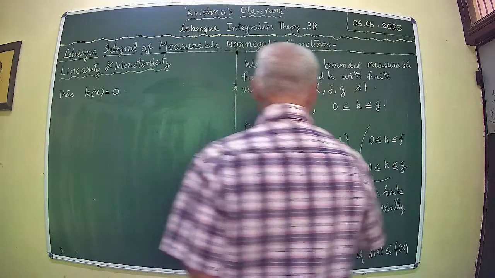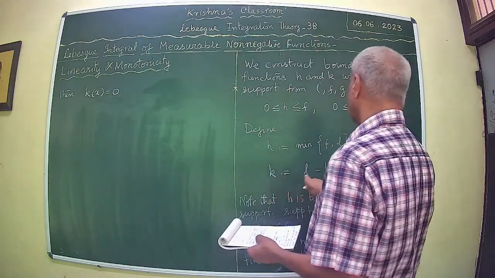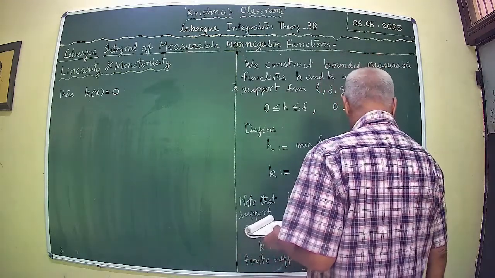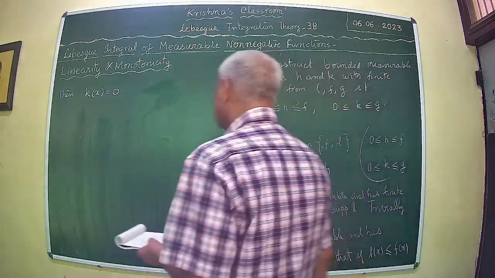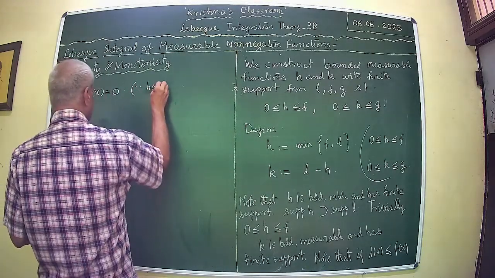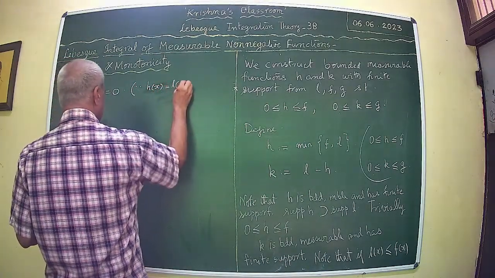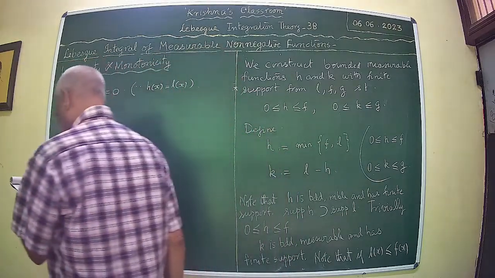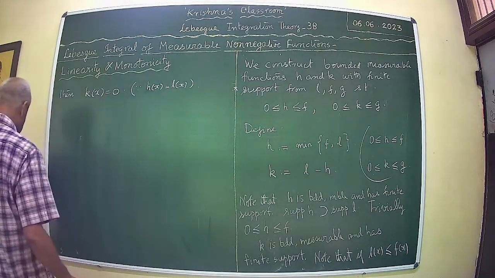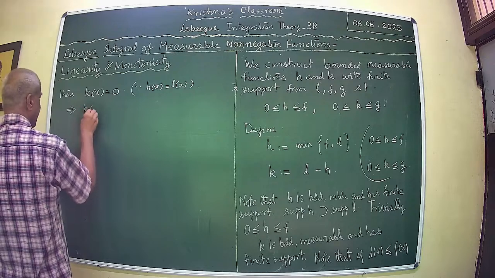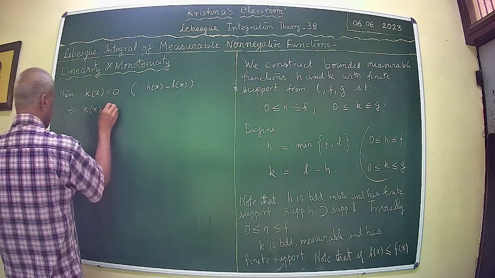That means k of x becomes L of x minus h of x, which is 0. So that's what happens.